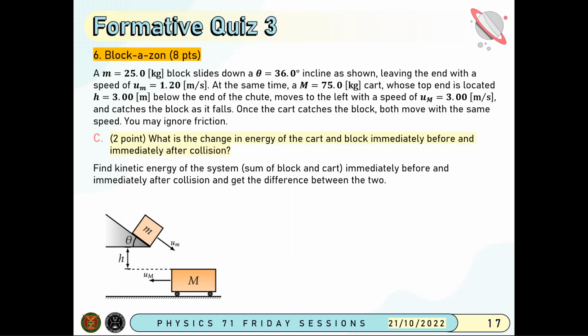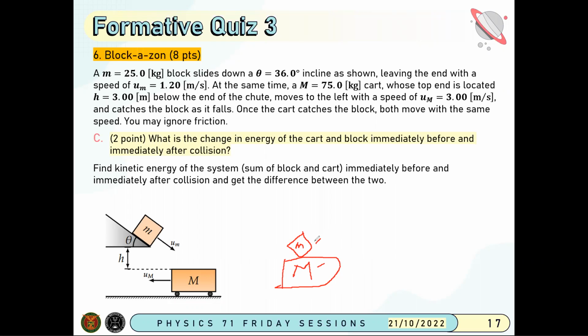Okay. So again, ano yung immediately before? Yung immediately before, yan yung meron kang mass M, meron kang small mass m. Pero hindi pa sila nagko-collide. Right? So ano ngayon yung velocity nito?